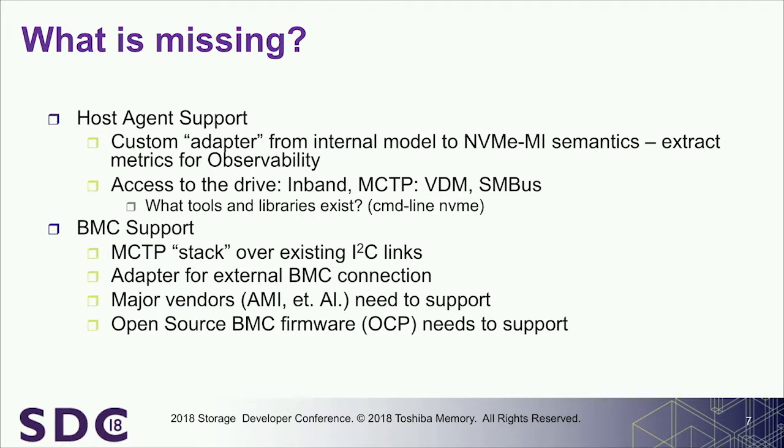Otherwise, VDM is vendor-defined messaging within the PCIe standard. But our command line NVMe tool, excuse me, has not been extended to use that command. And that's likely what they would use in some sort of script.